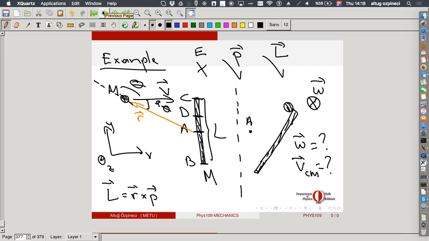The center of mass is not at D after collision. The center of mass has a velocity, so it is always moving. This is not such a great drawing, but let's say that these just overlap. Now the center of mass is somewhere over here.